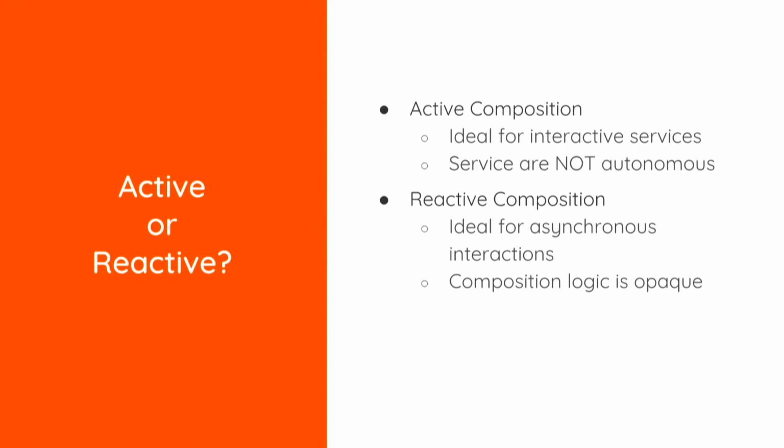With reactive composition, it's ideal for asynchronous interactions like order processing, shipments. Reactive composition is ideal, but the problem is composition logic is opaque. So by looking at a single service, you cannot really see what's going on. You need to look at the entire set of services.